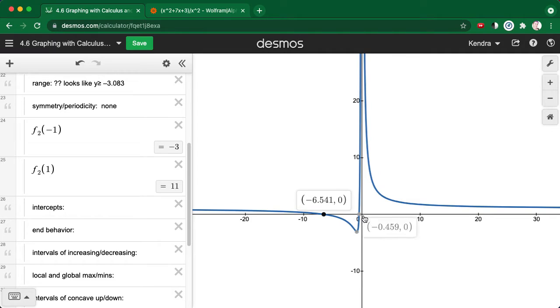Intercepts. So we saw two that it looks like the function highlighted.